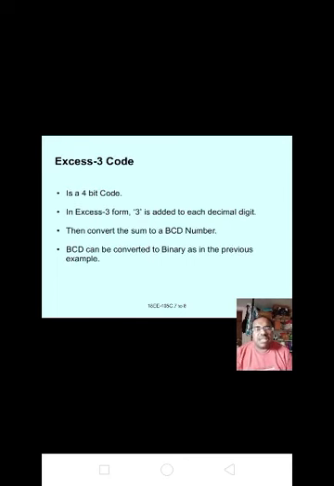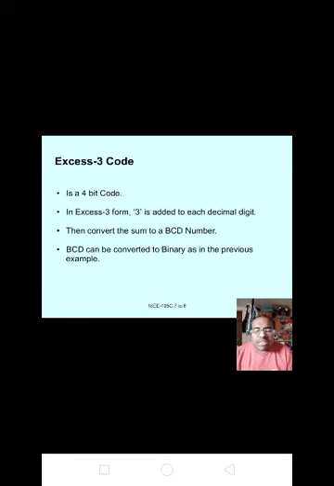Next one is XS3 code. It is a 4-bit code. In XS3 code form, 3 is added to each decimal digit, then the sum is converted to a BCD number.